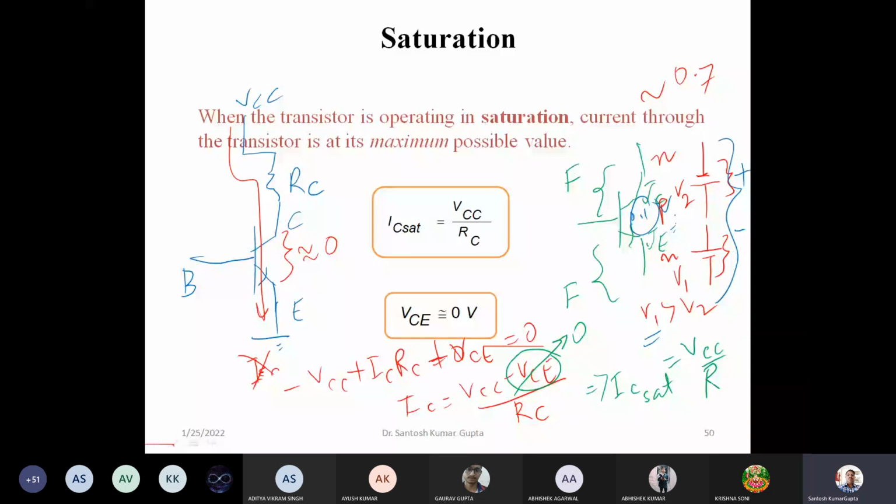So this is the value of the saturation current, the collector saturation current, which we will be getting in this case because VCE is almost 0. Now we can see here why VCE is 0, because both the junctions are forward biased. That's why it is very close to 0. It is not 0, but close to 0.